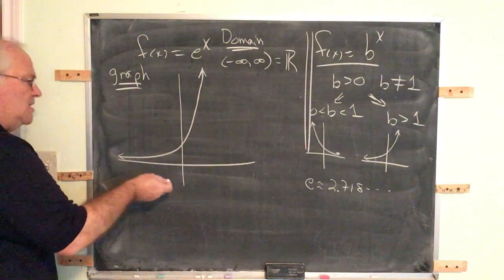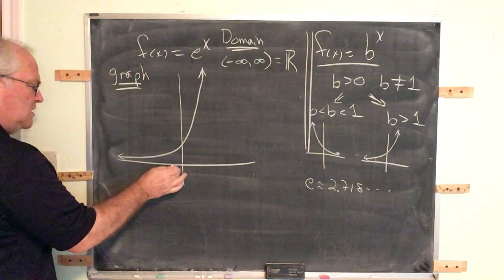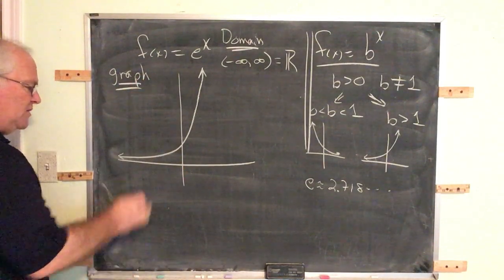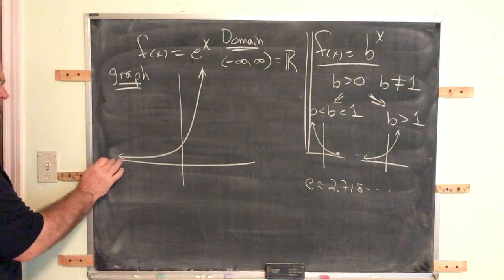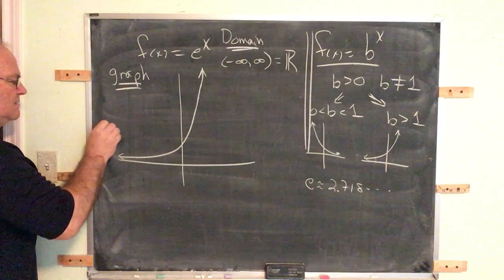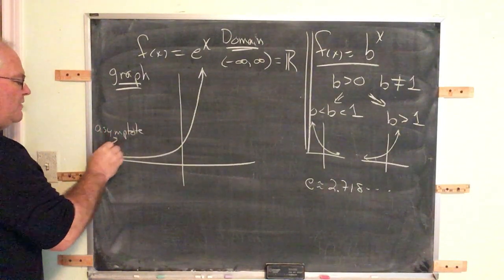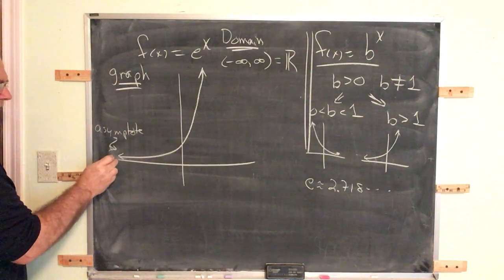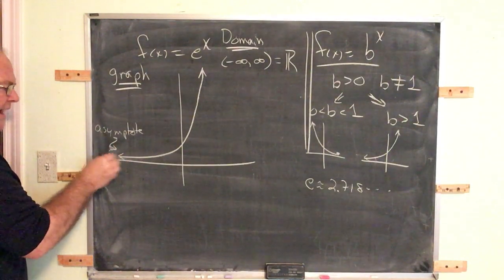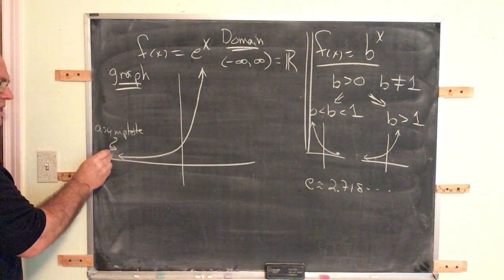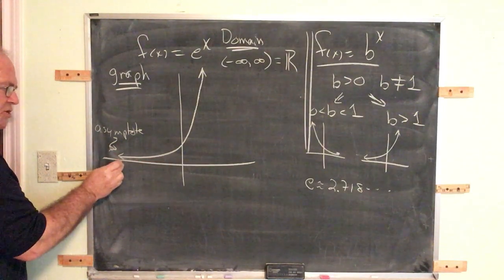The range consists of all the y values, all the values which are used as output for this function. Notice that this is asymptotic. The graph is asymptotic to the x-axis. It never actually touches the axis, and so 0 is never actually achieved.